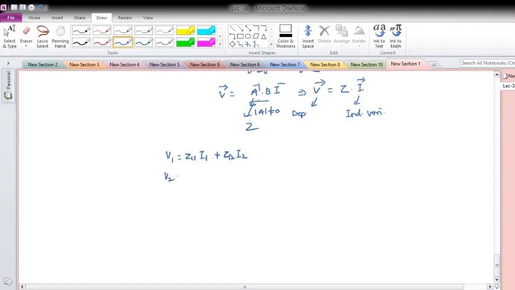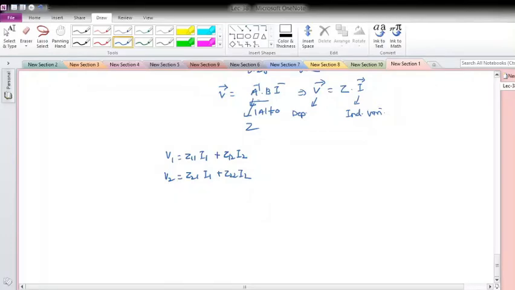Similarly V2 will be Z21 I1 plus Z22 I2. This way you can express the voltages, the dependent variables, in terms of the independent currents I1 and I2.